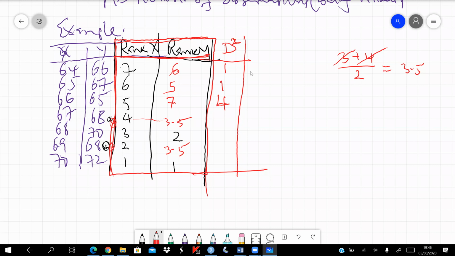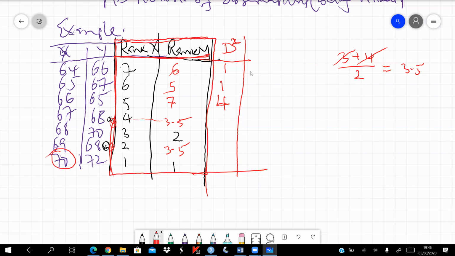Which one are we talking about? Rank X. What is the highest value in the column for X? 72, then 70. So I think it's okay. You're talking about Y. This is the correct value, isn't it? Yes, correct.